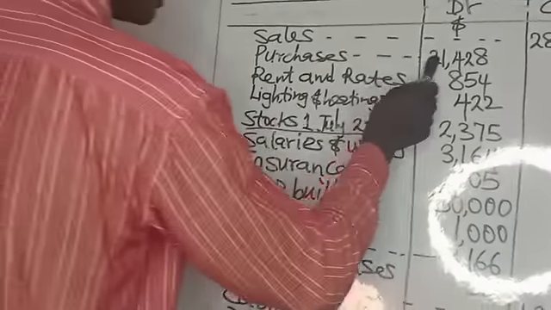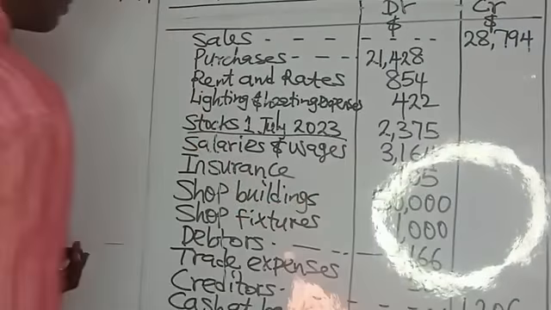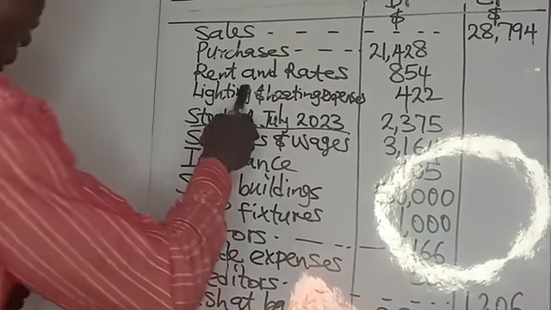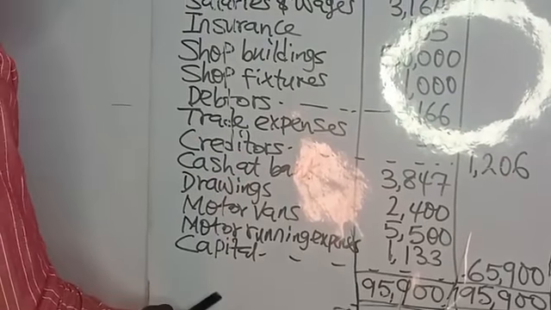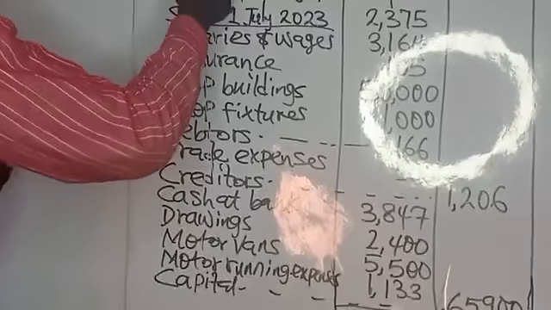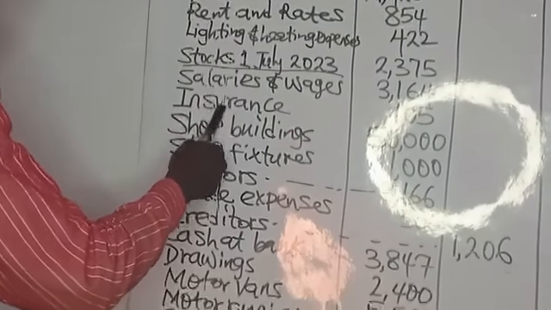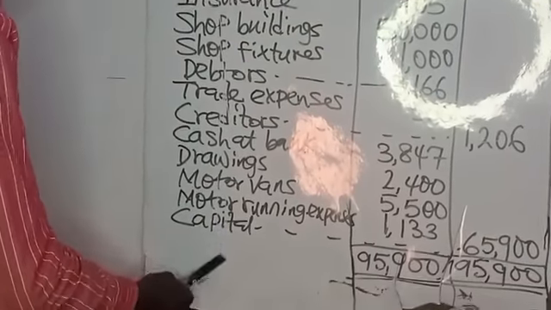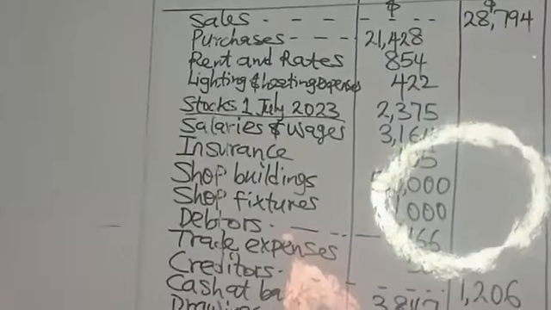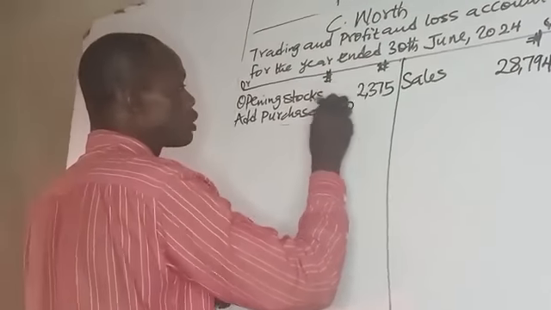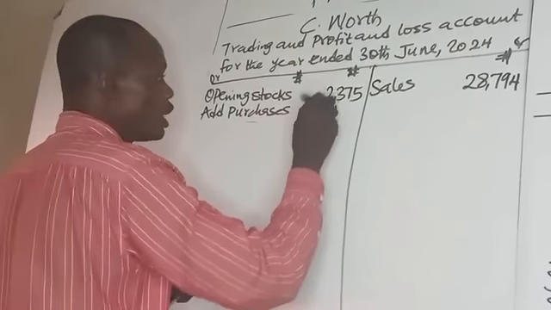How much is our purchases? You are given purchases of 21,428. But let's check if you have carriage inwards. There is no carriage inwards anywhere. Then return outwards, there is no return outwards. That means we only have purchases of 21,428. If you have carriage inwards, remember I've told you you are going to add it. Purchases amounted to 21,428.